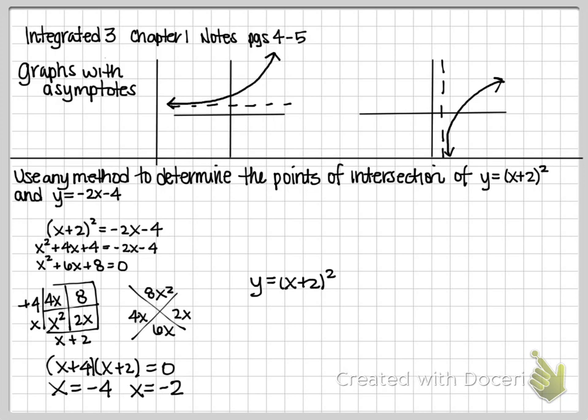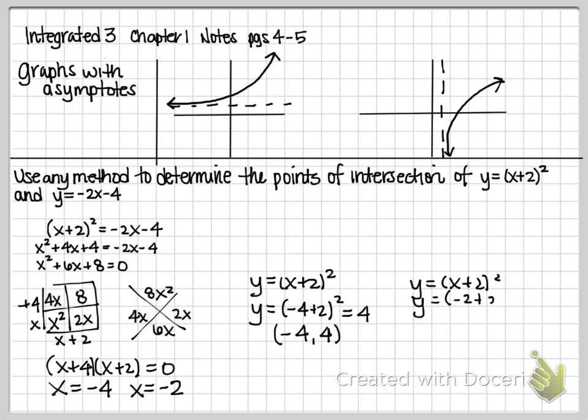And then plug in. So if x equals negative 4, I'm going to get negative 4 plus 2, which is negative 2. Negative 2 squared is positive 4. All right, so one of the answers, I plugged in a negative 4, and I got a positive 4. I'm going to do the exact same thing with the other one. So y equals x plus 2 squared. Plug in my negative 2.